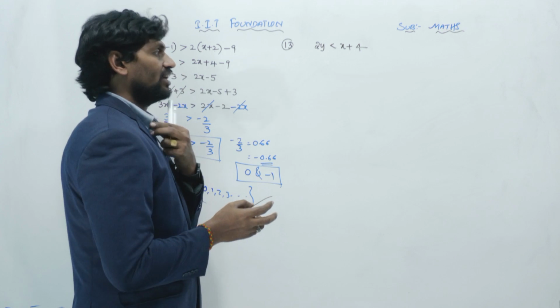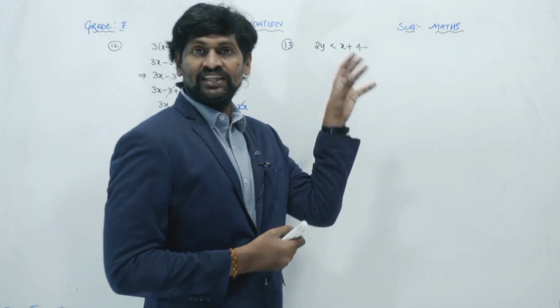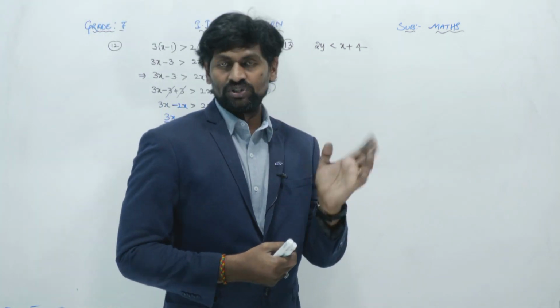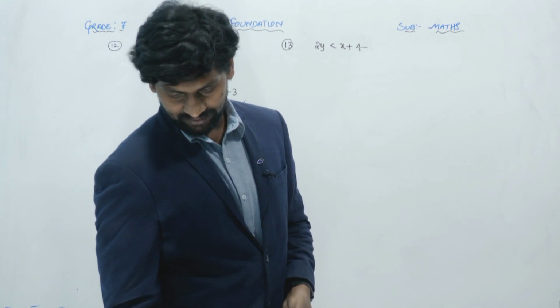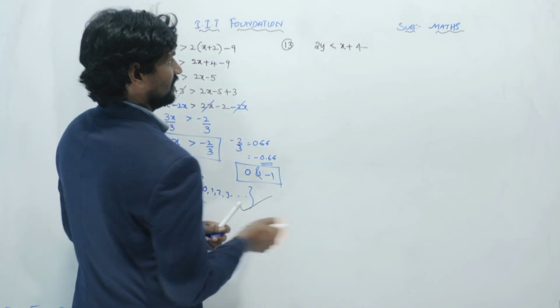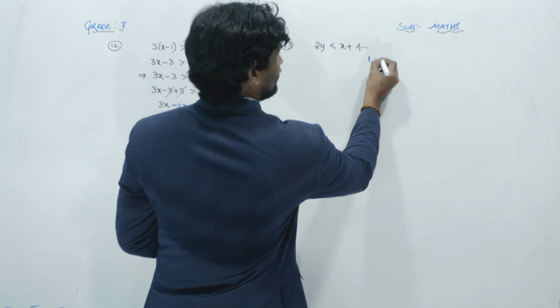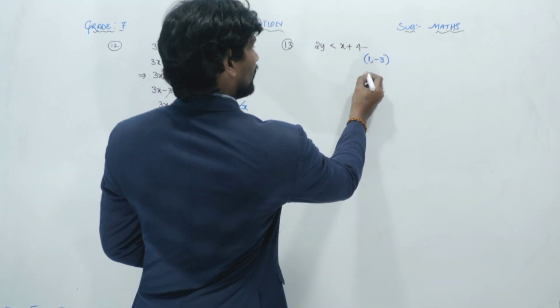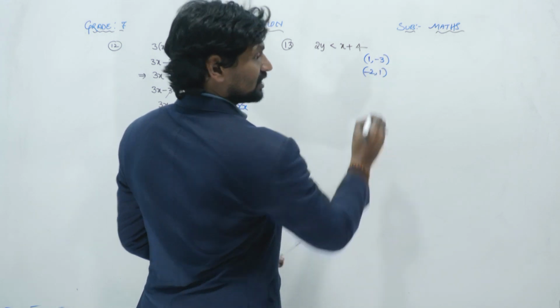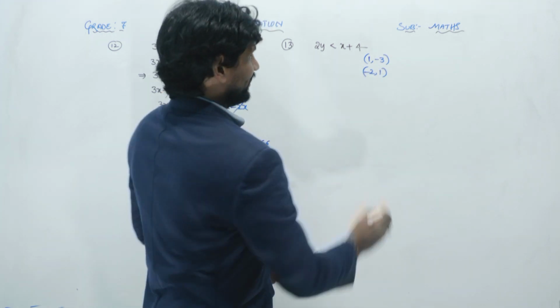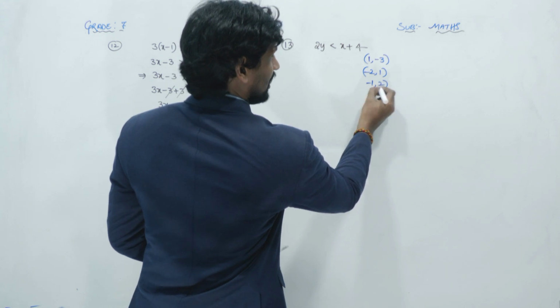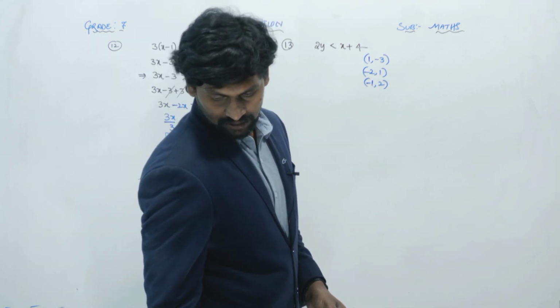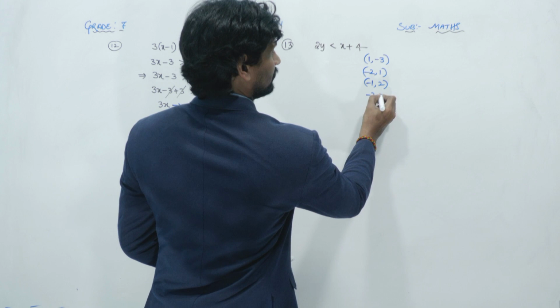The options are 1 comma minus 3 as the first option, minus 2 comma 1 as the second, minus 1 comma 2 as the third, and minus 2 comma 3 as the last option.